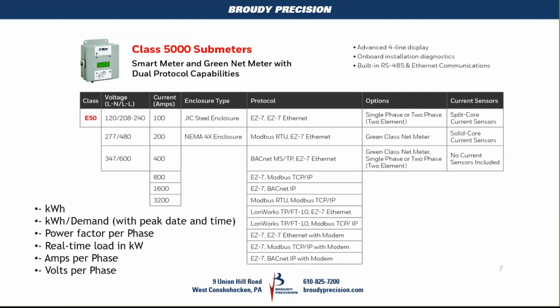But again, you can see that the basic information that comes out of this thing, while it gives you more and more features, the more money you spend on this stuff, the basic stuff that we need for this information, from this meter, is in the least expensive meter as well. It gives us the real-time kilowatts, and it gives us a kilowatt hour with a peak of date and time. They all do that.